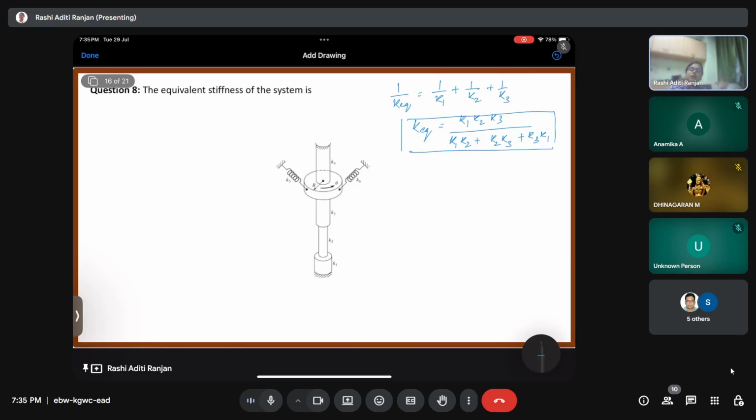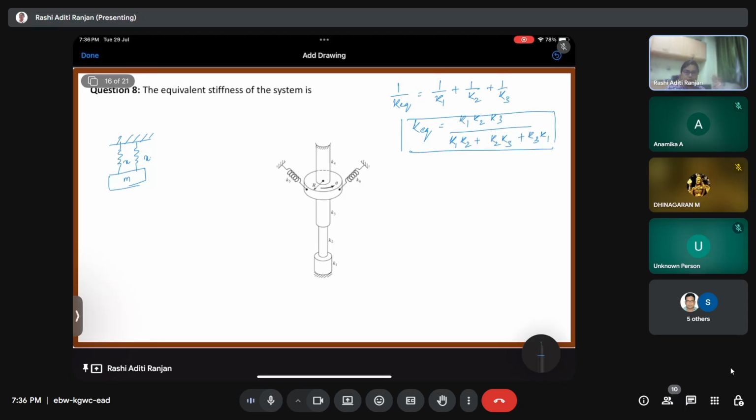And this happens only in the case of a parallel spring arrangement. You know the parallel spring arrangement? We have one spring like this and one like this, and then we have a mass M. The deformation in both the springs is the same, which is X and X. I hope it is clear.